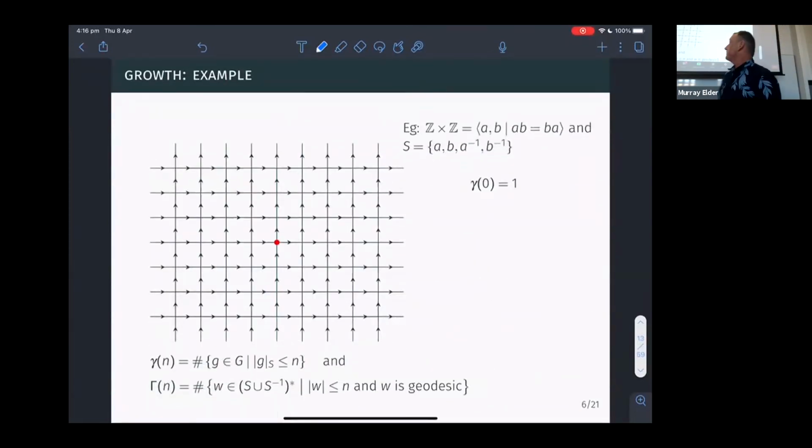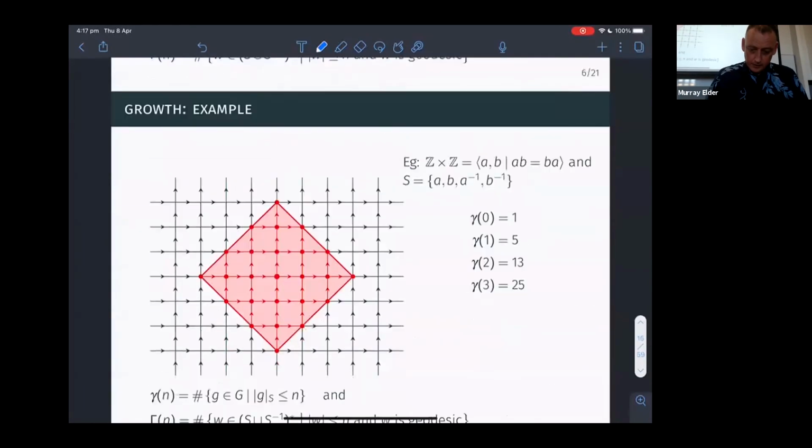So this is Z times Z with the AB generating set, the standard generating set, and that's a reminder of the two definitions. I think, is there anything in chat? Maybe I can look. No, just still welcome back. Yeah, so I'm doing the ordinary growth first, so there's only one element, the identity, and I'll go through this fairly quickly.